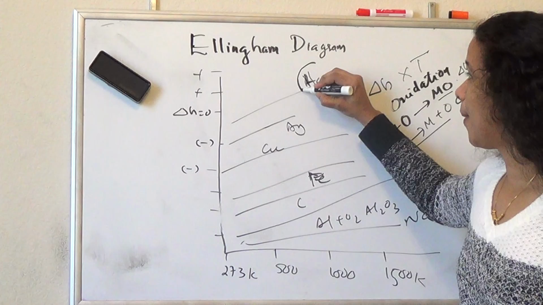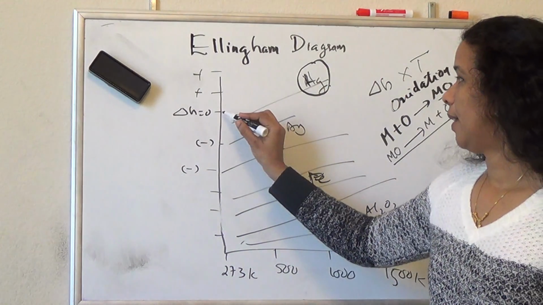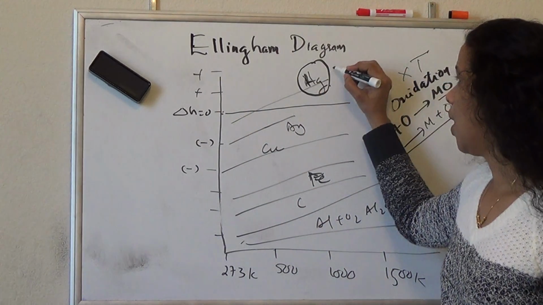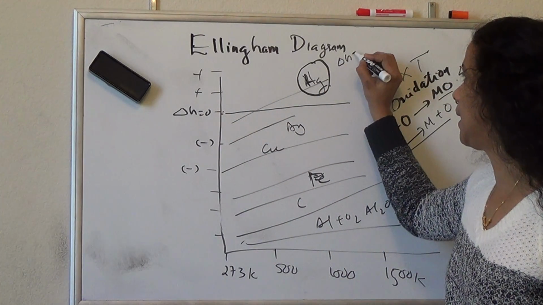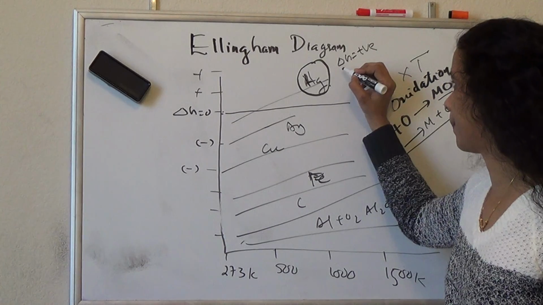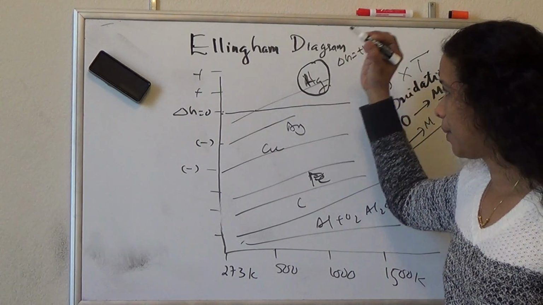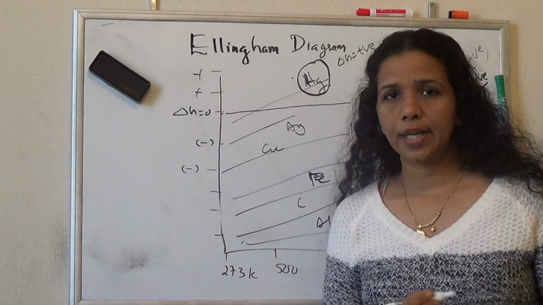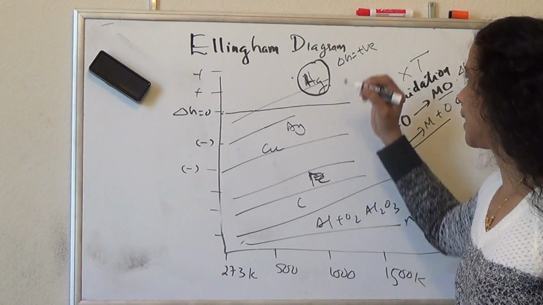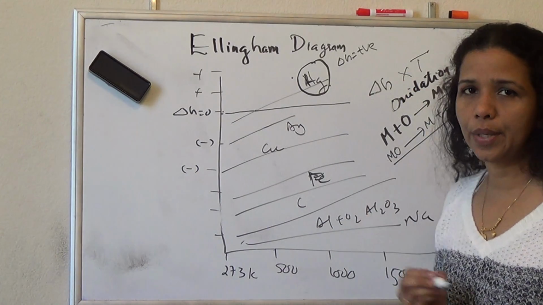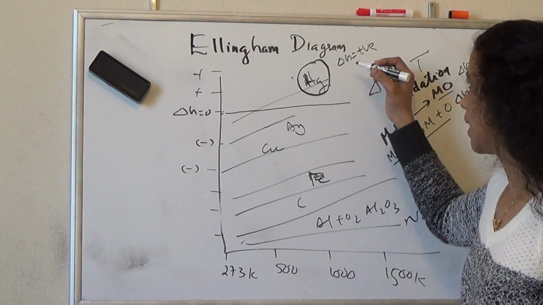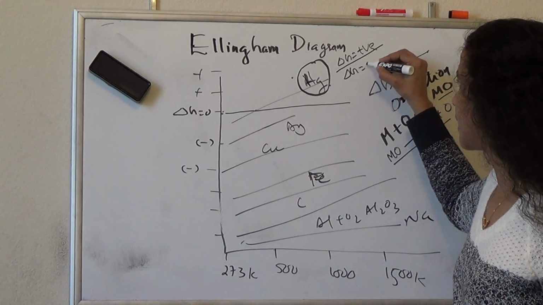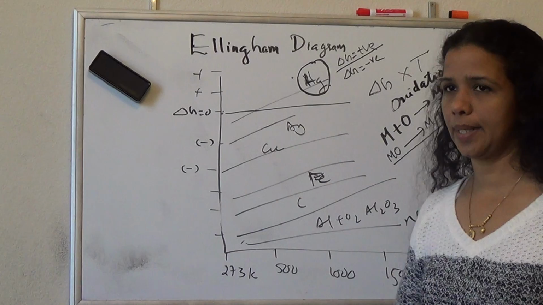For example, some of the metals, mercury, the value of mercury lies above 0. That means oxidation has delta G positive for mercury at a particular temperature. So in the case of mercury, we can reduce the metal by just increasing the temperature. There is no reducing agent needed because oxidation is positive. That means the reverse reduction will be negative at that temperature.